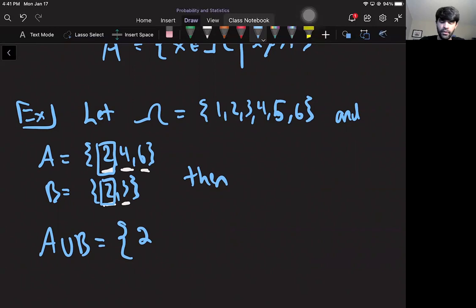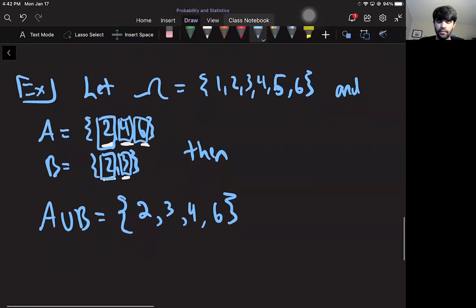The fact that it's in both doesn't help us at all for the union. We don't need it to be there twice. You just write it once. So there's a 2 in there. There's a 3 in there. There's a 4 because of A, and there's a 6 because of A. So that's the union. We just take everything in both and put it all together.